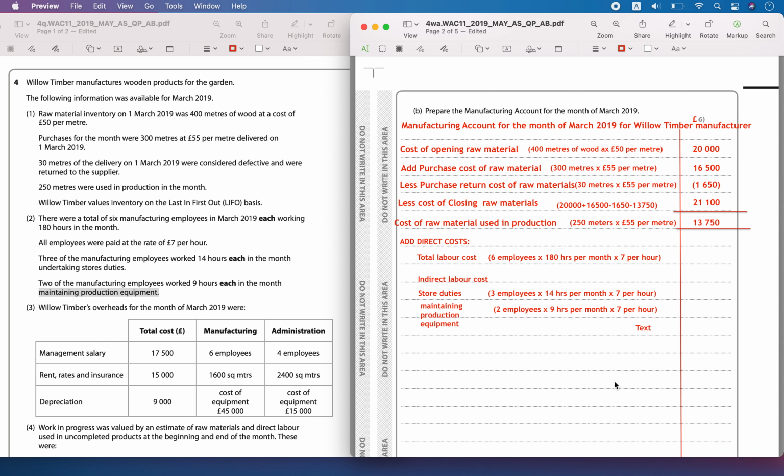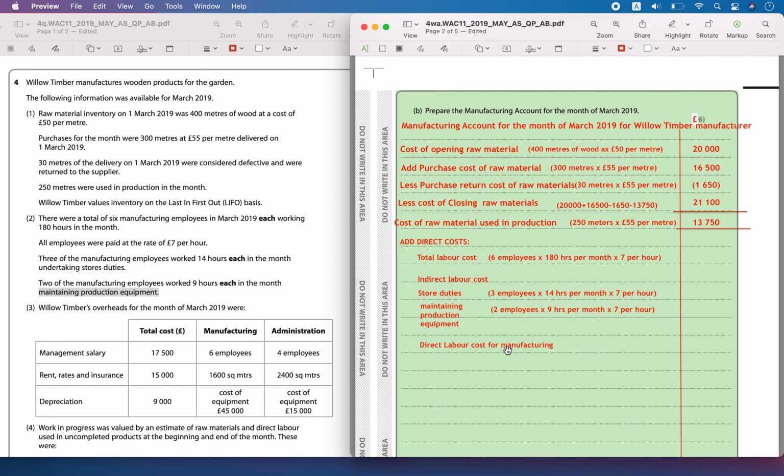Now let's calculate the direct labor cost. Because we have the total cost, there are 6 employees, but some of them are working for manufacturing and some are not. Manufacturing alone you have to take. So that is coming under the labor cost.